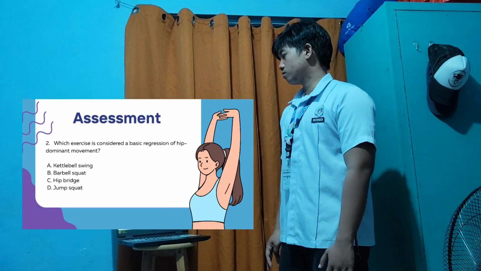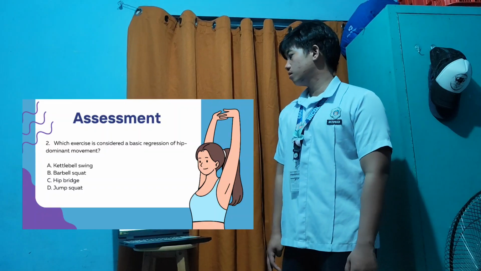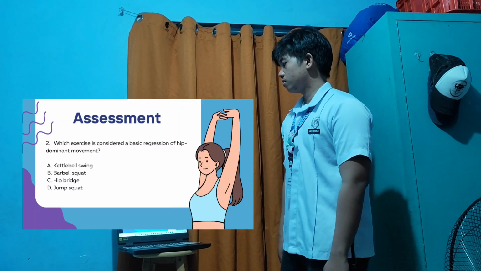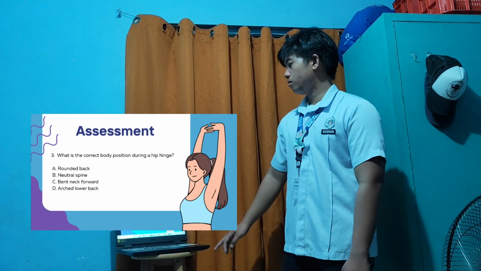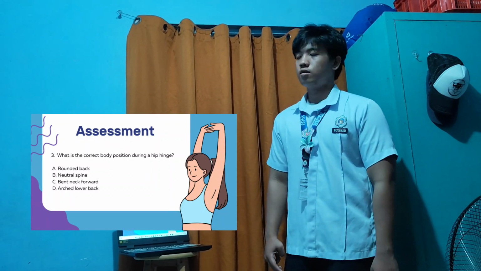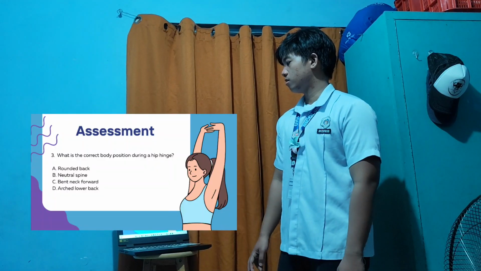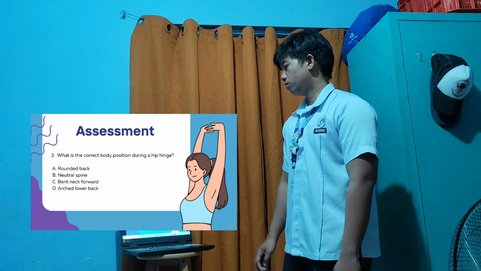Which exercise is considered a basic regression of hip dominant exercises? A. Kettlebell swing. B. Barbell squat. C. Hip bridge. And D. Jump squat. 3. What is the correct body position during a hip hinge? A. Rounded back. B. Neutral spine. C. Bent neck forward. And D. Arch lower back.